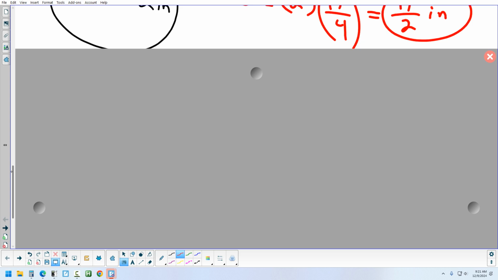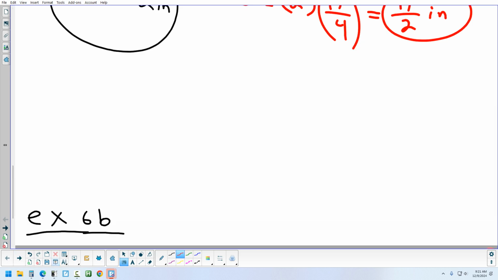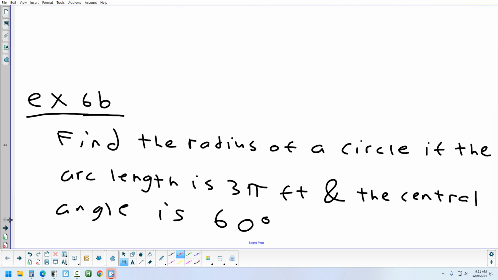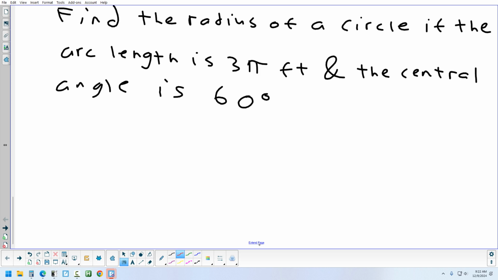All right, so let's try this one, which is a little different. It says find the radius of the circle if the arc length is 3 pi and the angle is 60 degrees. First up, we need our formula. What's the formula that I'm going to use to solve this one?